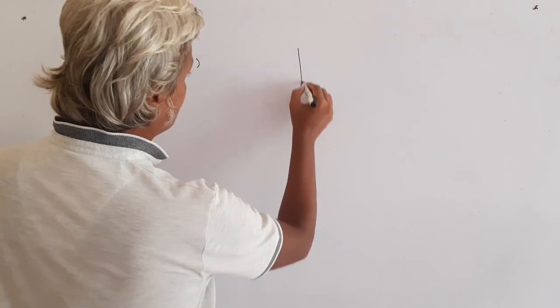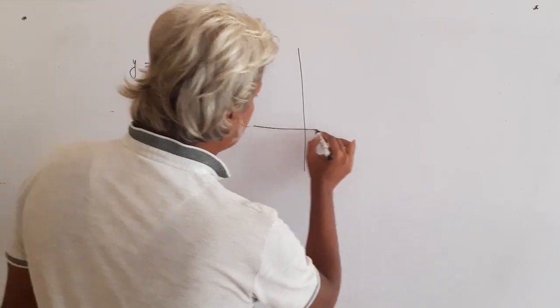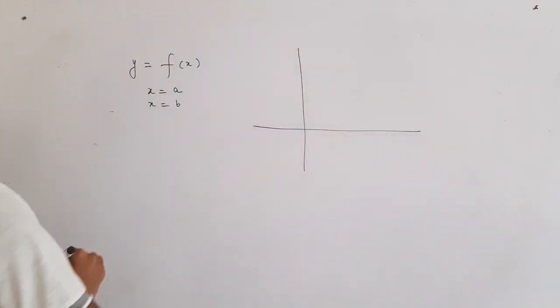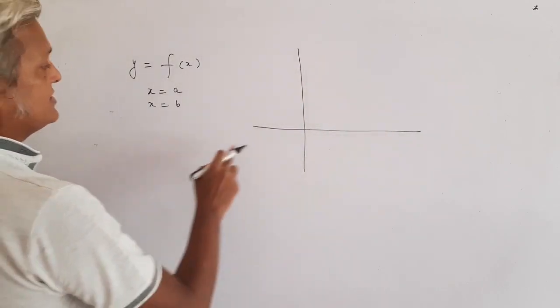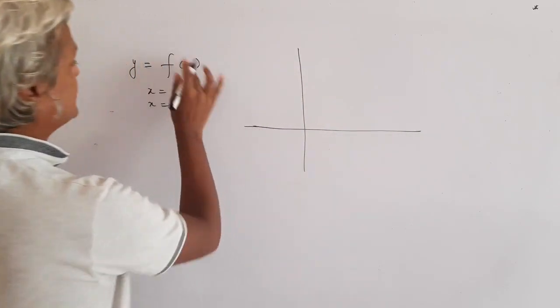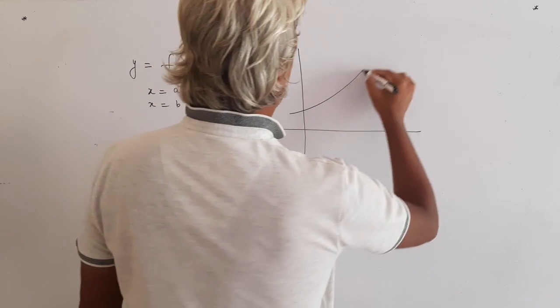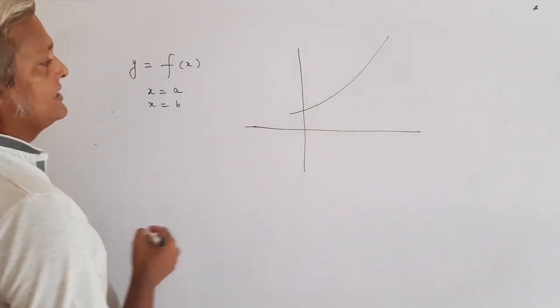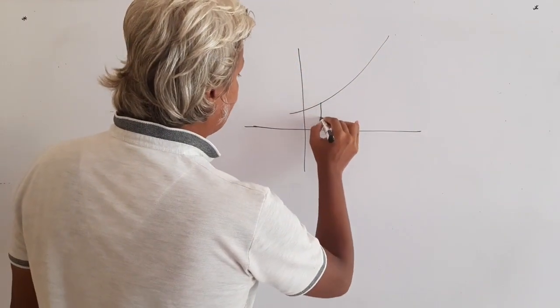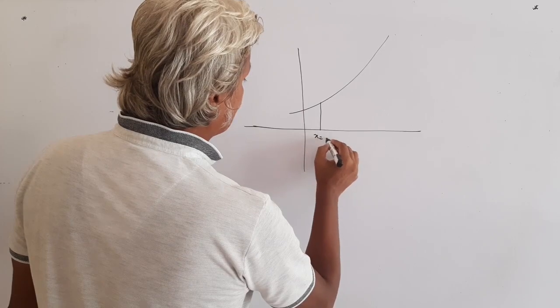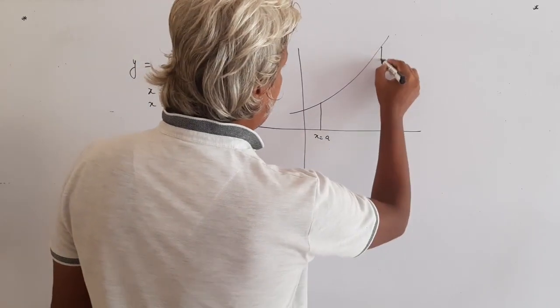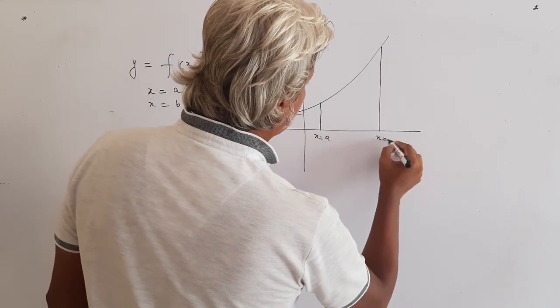First assume that this is the function on the Cartesian system, and we plot it. Then we have to find the area specified between x equals a and x equals b.